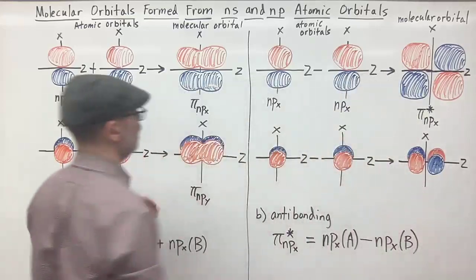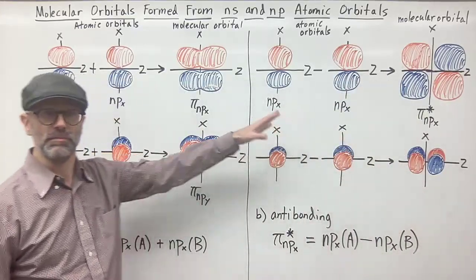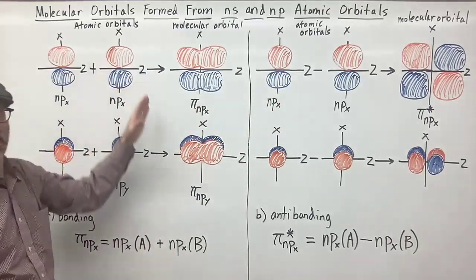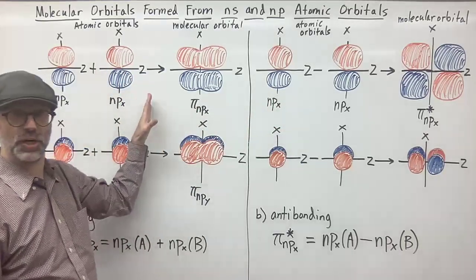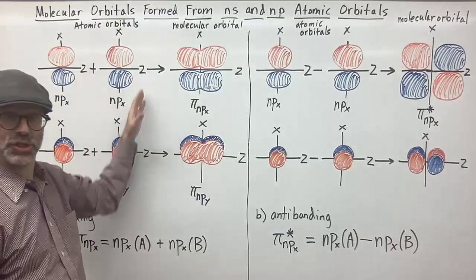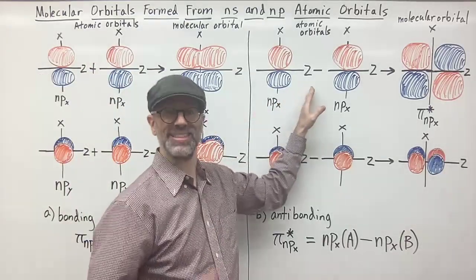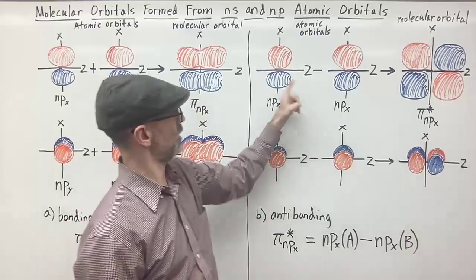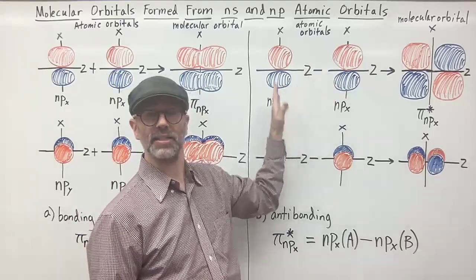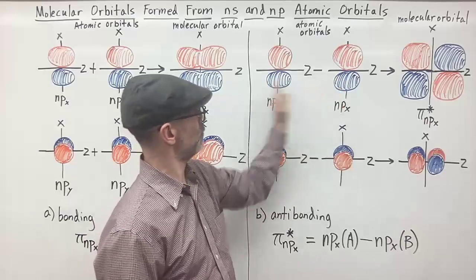And if you go over here, remember, you can constructively interfere, in which case it's a summation of the orbitals, or you can destructively interfere, in which case you're finding a difference between them.